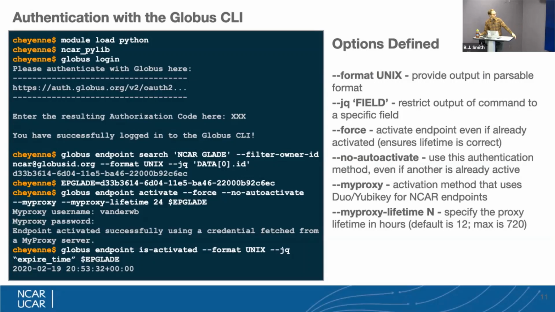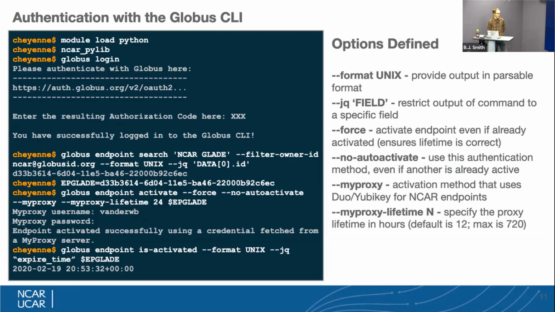You'll see then that the output says I've successfully activated the endpoint using the myproxy server. So at that point, if I want to confirm, or if I just wanted to see if I still had an endpoint active, I could use this globus endpoint is-activated command. Again, I'm wanting a particular field here. So I'm asking for the expire time because I want to know how long my activation will last.